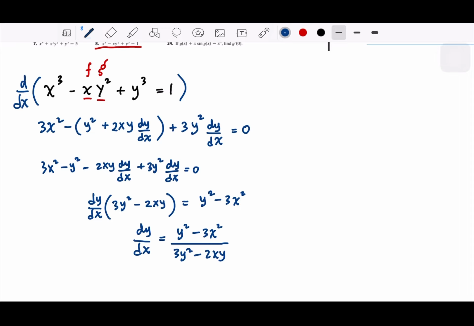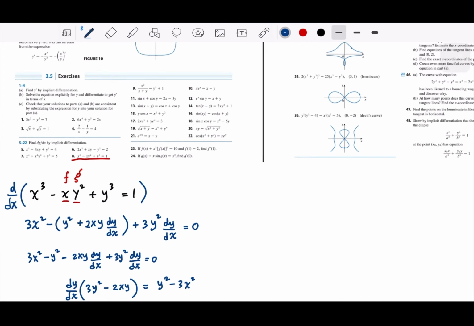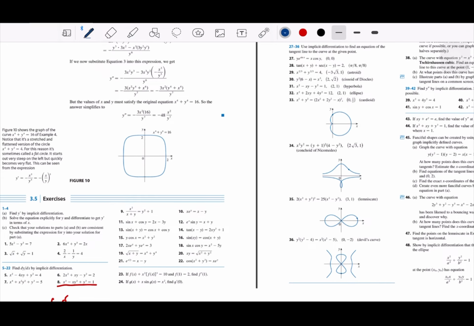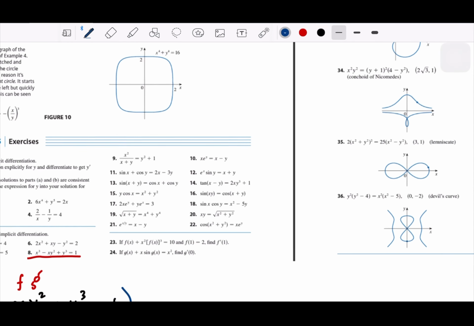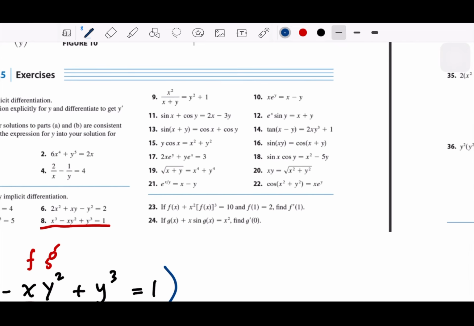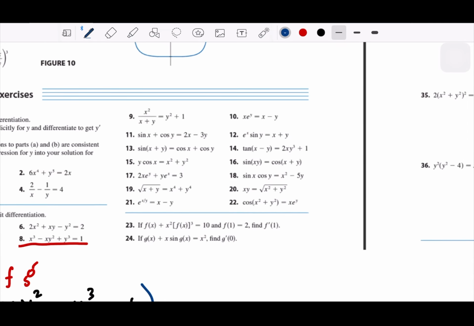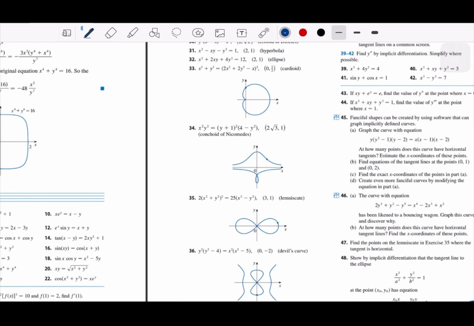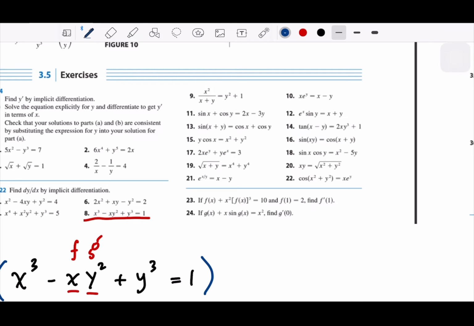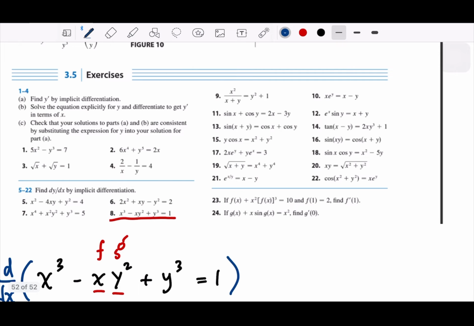And what else? Any requests? Which number do you want to solve from here? Maybe just make sure from this one first. Any requests?